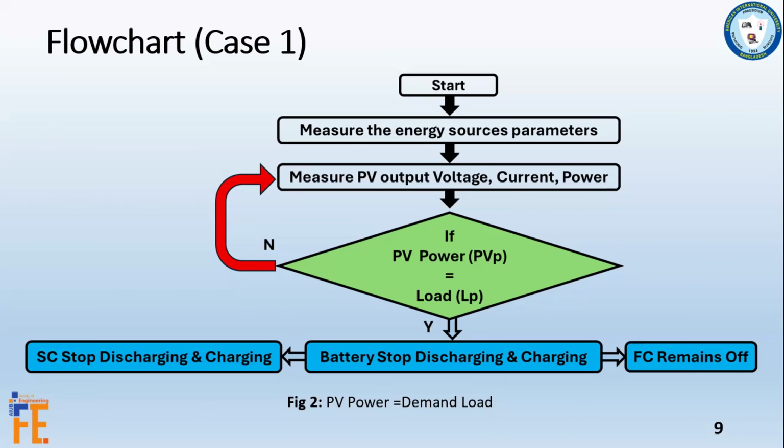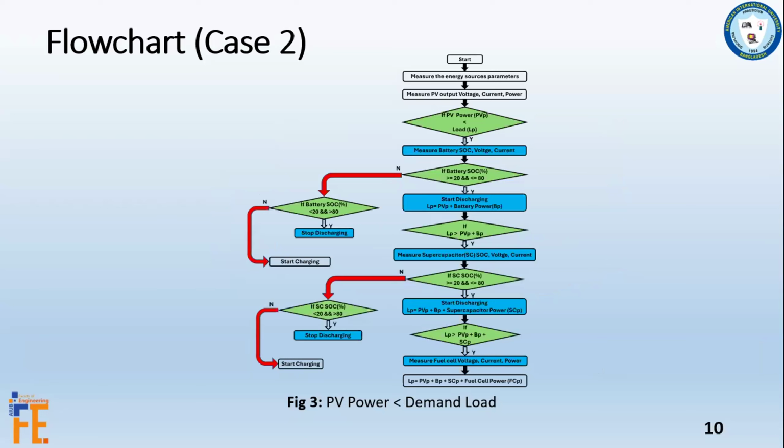Another case is if the PV power is less than the demand load, then it will continuously measure the PV output voltage, current, and power. If the statement is true, then it will measure the battery SOC, voltage, and current. If the battery SOC is in a range greater than or equal to 20% and less than or equal to 80%, and the statement is true, then it will start discharging.